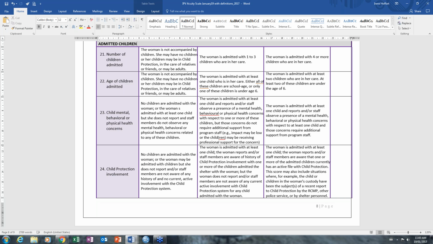So then it would be grandma is admitted with 2 children. Well, let's find out. Holly, I've unmuted you if you can provide a little bit of clarification.